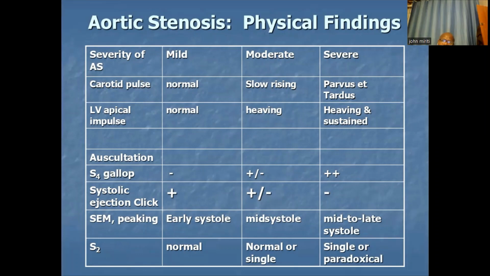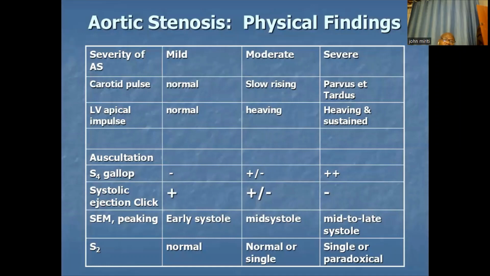On auscultation, the heart gallop is negative in mild cases, positive or negative in moderate, and positive in severe. The systolic ejection click is positive in mild, positive or negative in moderate, and negative in severe.